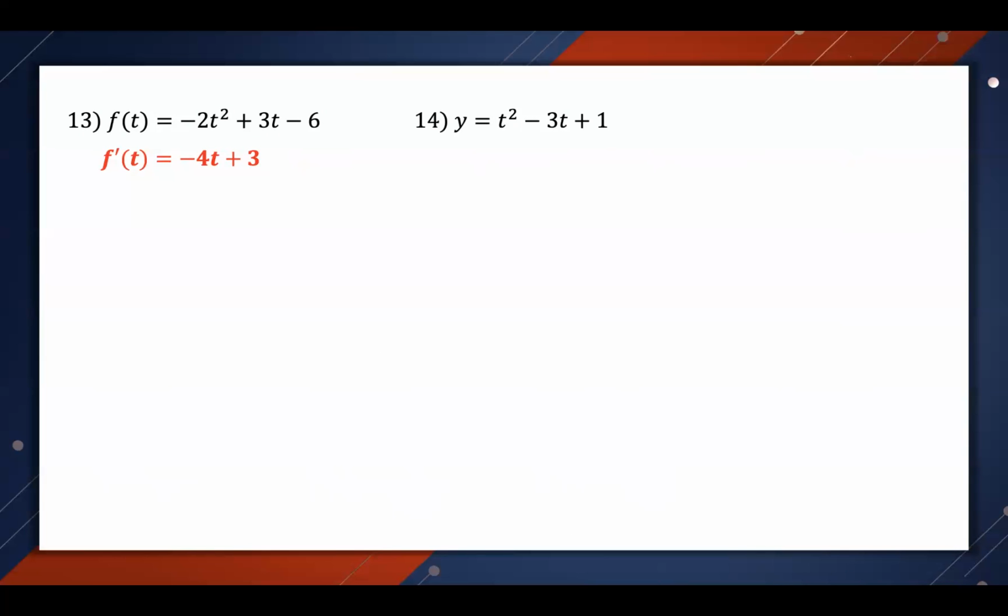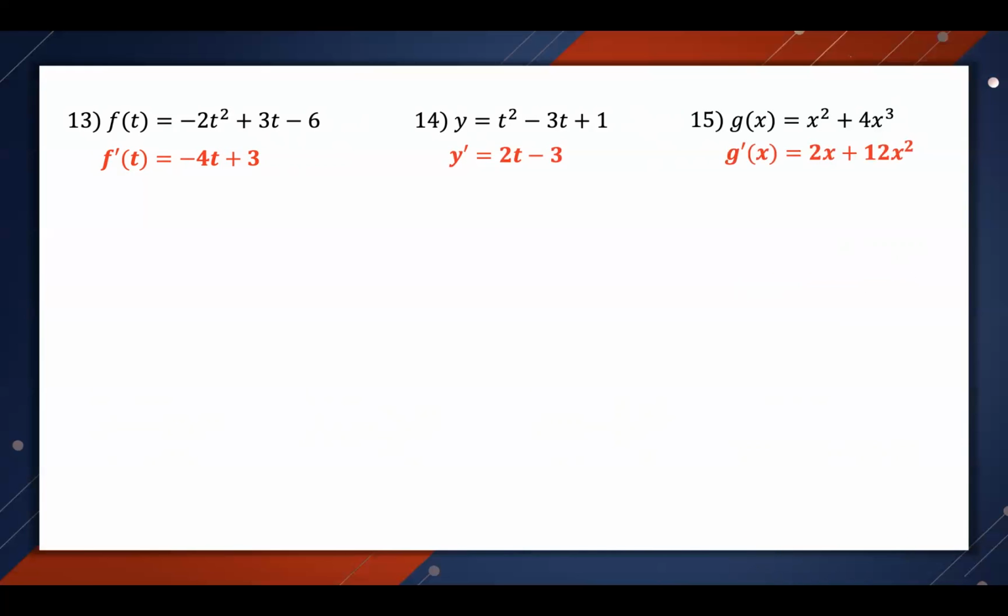For number 14, y equals t squared minus 3t plus 1, by using the power rule, constant rule, and sum and difference rule. So y prime equals 2t minus 3. g of x equals x squared plus 4 times x to the power of 3, and we use the power rule, constant rule, and sum and difference rule.